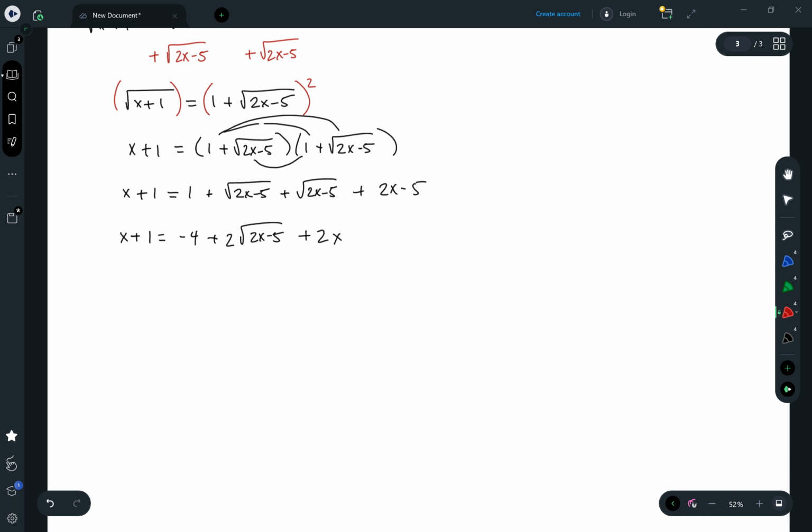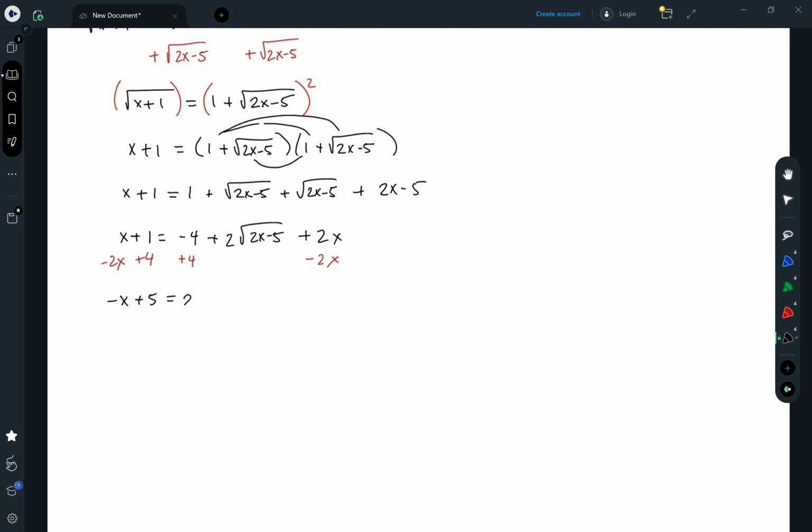And now we still have a radical in the equation, but we only have one. We can now isolate the final radical. So I'll add 4 to both sides, and at the same time I'll subtract 2x. So I have negative x plus 5 equals 2 square root of 2x minus 5.